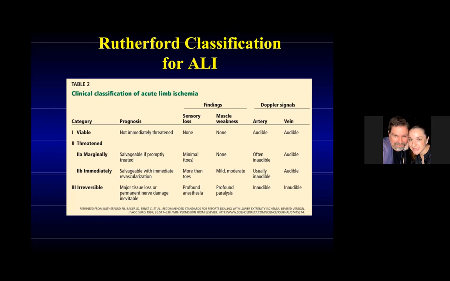So you have rhabdomyolysis because the muscles are dying, and then you're going to wash everything back into the patient. Now, it's very important not just to understand this classification, but also know when to operate and what to do. Even in a class 2B patient, you have to go in there and try to salvage it.